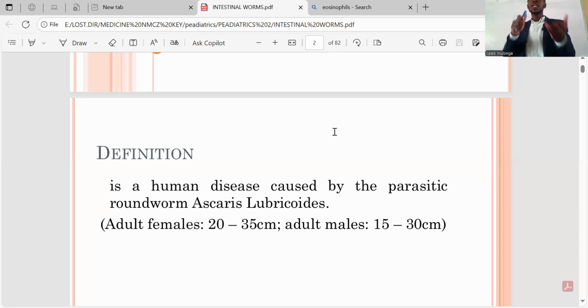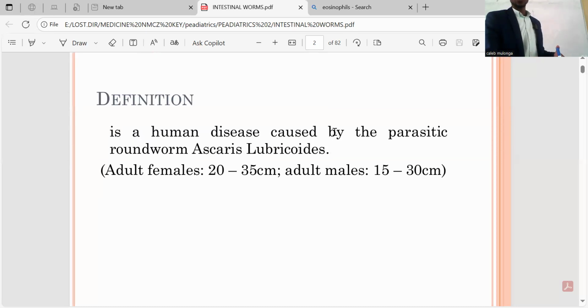The ones we've said are abdominal pain and presence of eggs and worms in a stool, or you can say passage of worms. I'm sure we've seen children, or you yourself when you were a child, passed worms at some point. That is Ascaris lumbricoides, that worm, and the condition was called Ascariasis. Are we together? Okay.